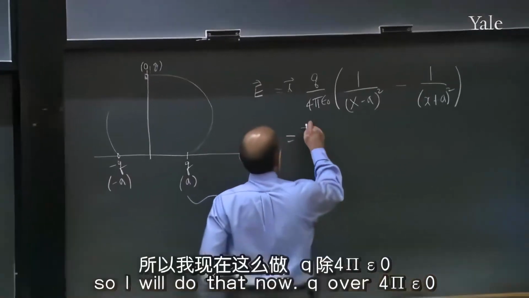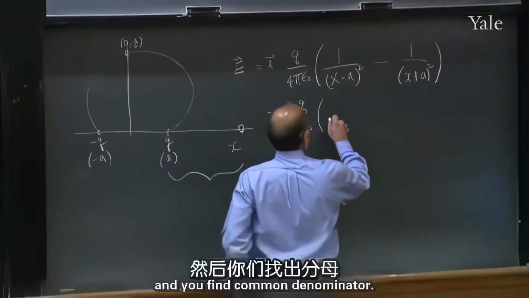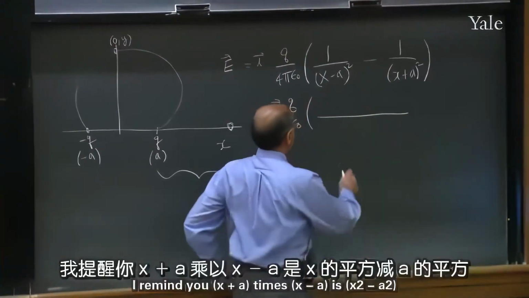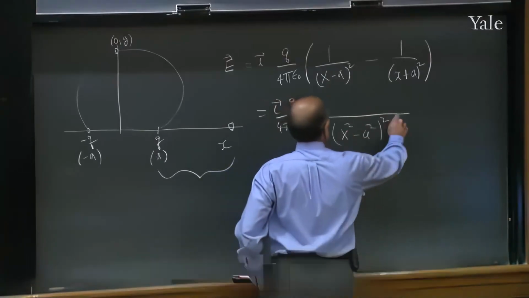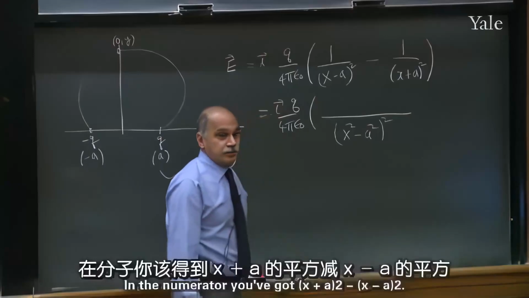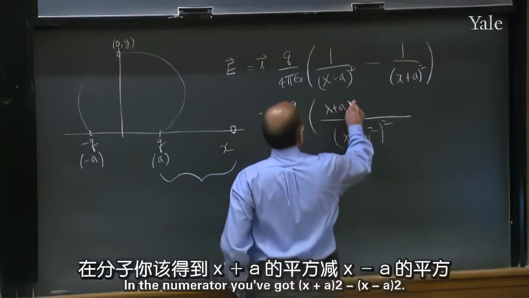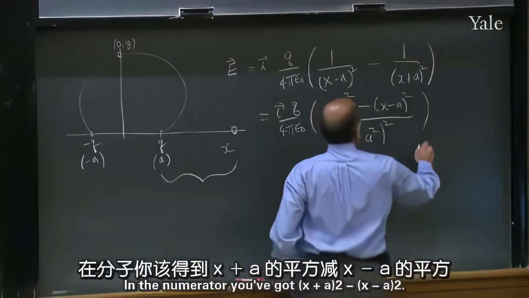So I will do that now. q over 4 pi epsilon 0. Now you find a common denominator. I remind you, (x plus a) times (x minus a) is x squared minus a squared, and everything is under squares. In the numerator, you've got (x plus a) squared minus (x minus a) squared.